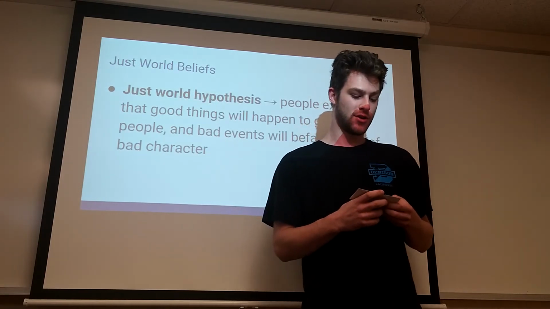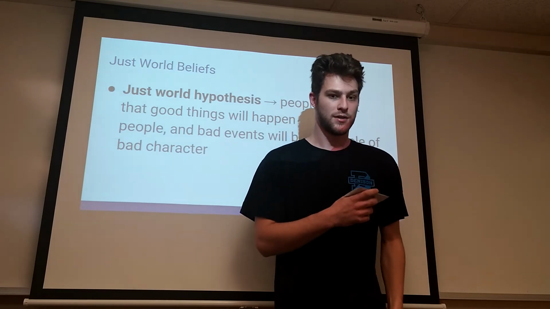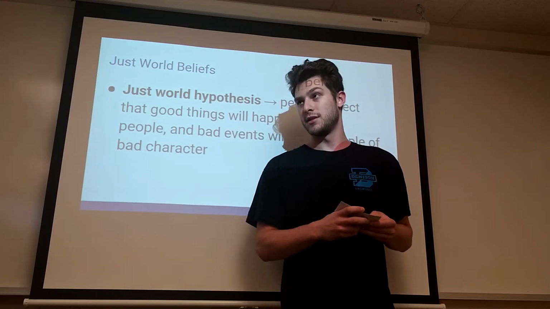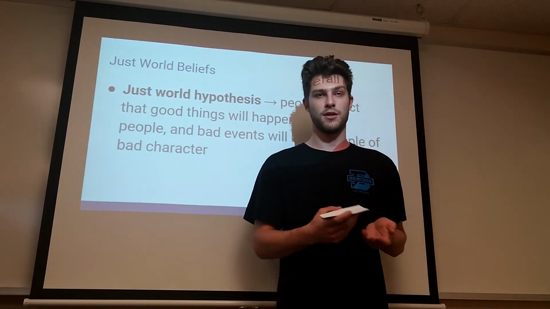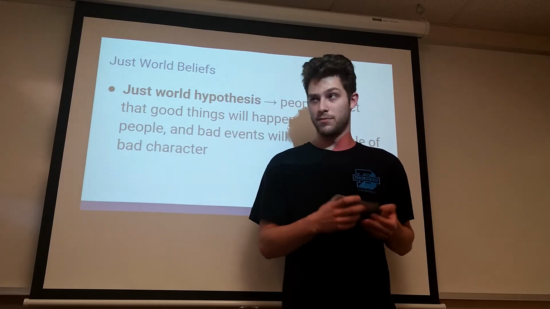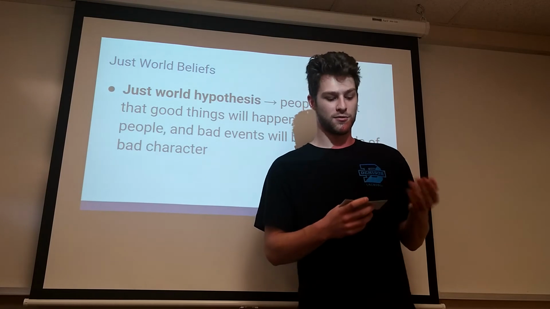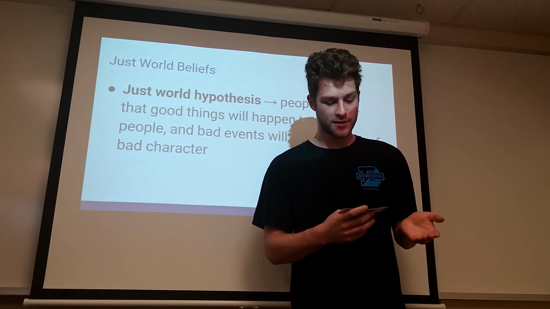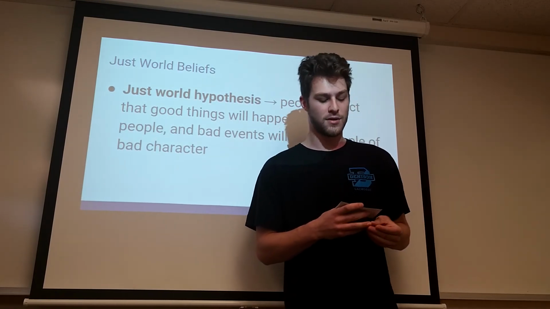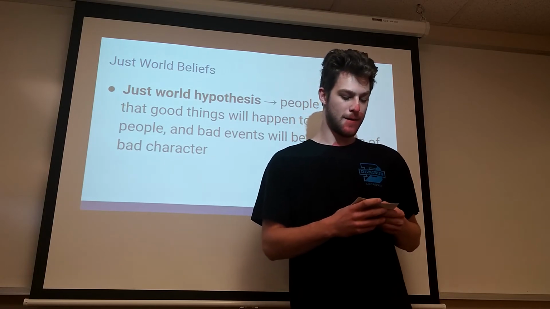And then the just world beliefs stem from the just world hypothesis, which is that people expect that good things will happen to good people and bad events will occur to people of bad character. So outsiders will believe that successful people deserve their successes and less fortunate people somehow are responsible for their fate.